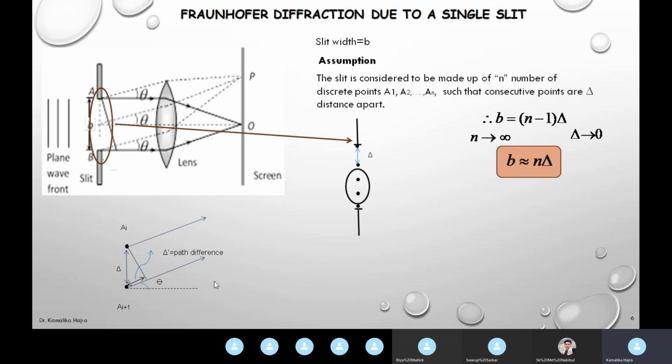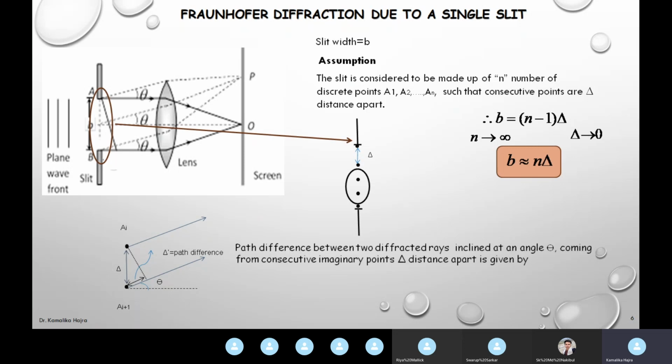You can understand why this is the path difference, because this is the perpendicular. So this amount here is the path difference between these 2 rays. When these 2 rays superpose on each other, they will have a path difference delta prime between them, and therefore a phase difference of 2 pi by lambda delta prime.